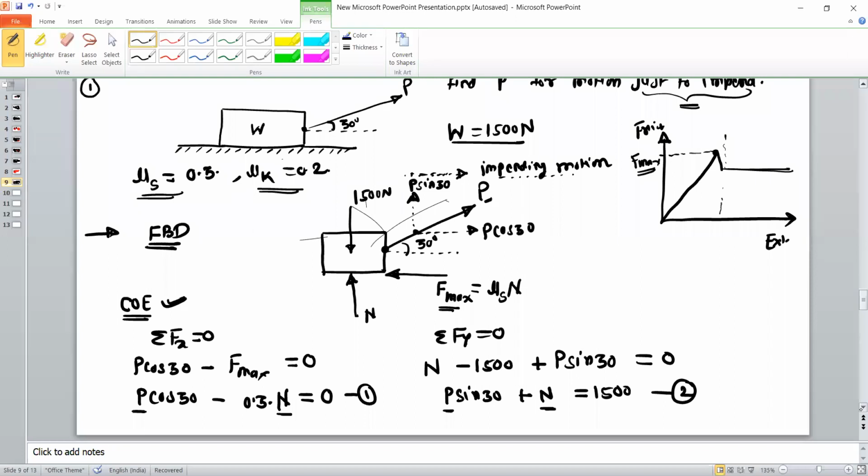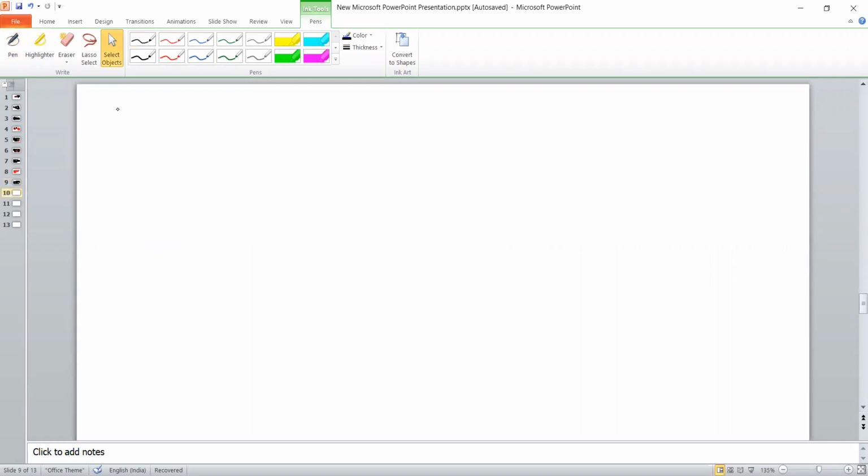Then you will get the value for P and the normal reaction. So solve these two equations simultaneously and get the values of P and N. You can give the answer in the chat box. The force P is 442.9 Newton, and the normal reaction is 1278.